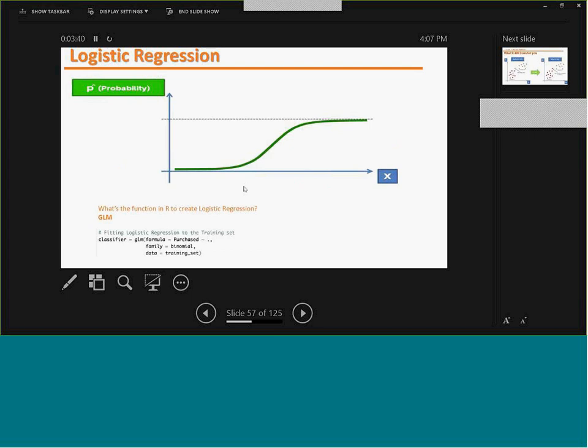For logistic regression, in R we have a particular function named GLM, and this one line of code can do all the magic for you. You just apply the GLM, create a formula, and you are done. So one line of code and your classifier is ready. It is very simple in R to create the logistic regression or other models.